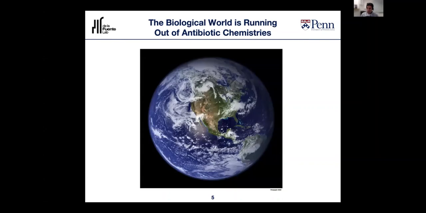I'm showing a photo of Earth here because basically every major antibiotic that we have available today comes from nature. It comes from the biological world. Since the discovery of the very first antibiotic, penicillin, by Alexander Fleming in 1928, nature has been a great inspiration as a source of antibiotics.